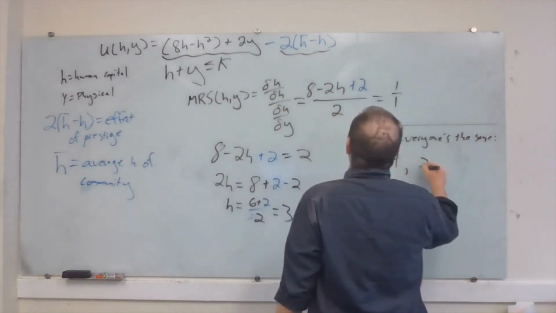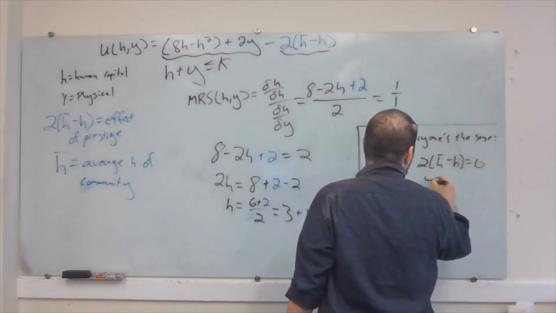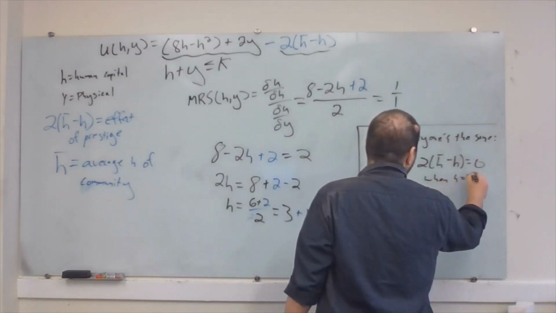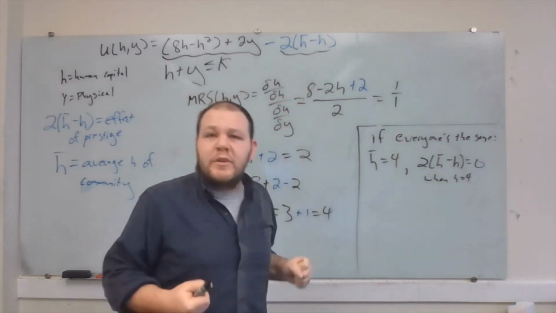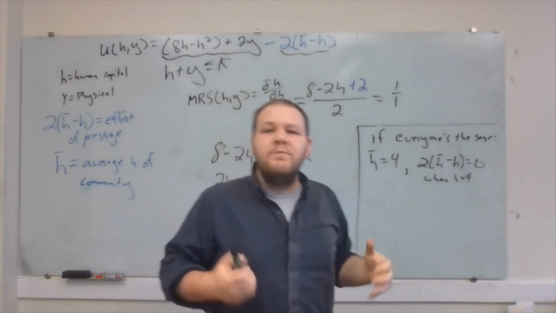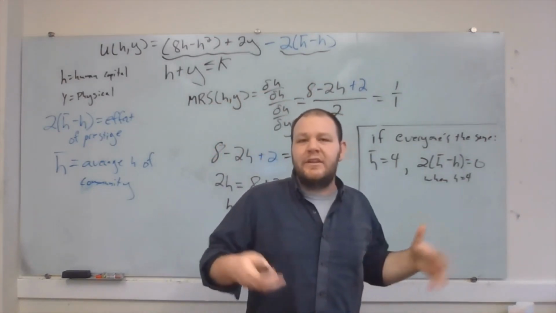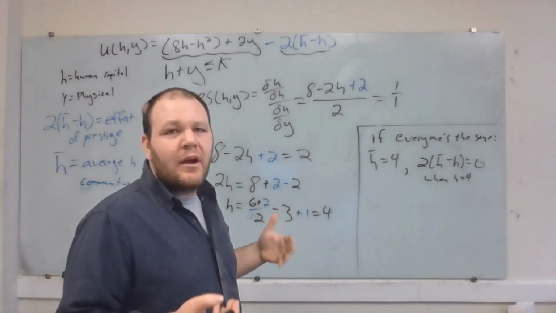And so, of course, 2 times h bar minus h is going to equal 0 when h equals 4. Right? In other words, these social consequences are going to push us towards more school, but the end result is that none of us feel particularly proud or particularly sad when our grandma gets up and tells us all how we're doing compared to our relatives, right?